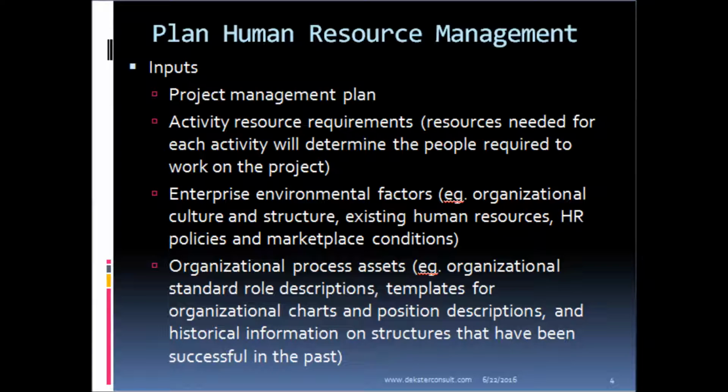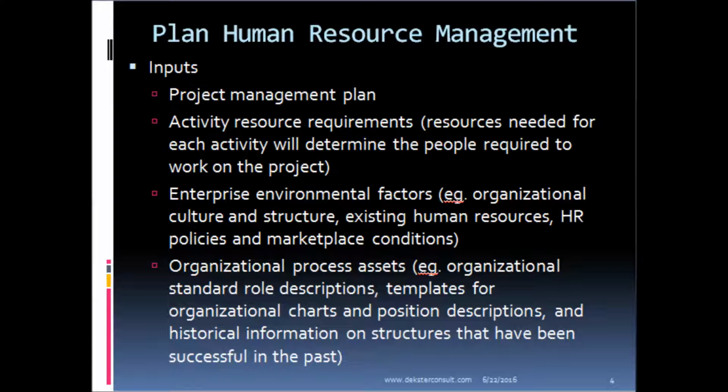Now, what are the inputs to this process, plan human resource management? We will need our project management plan, our activity resource requirements, which tells us the resources needed for each activity. Then our enterprise environmental factors, which will include organizational culture and structure, existing human resources, policies on HR and marketplace conditions.